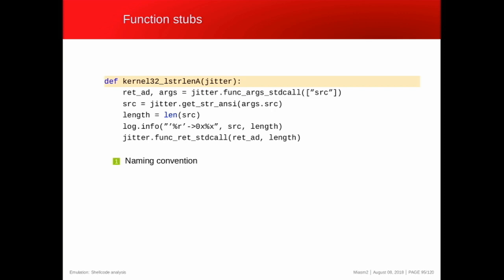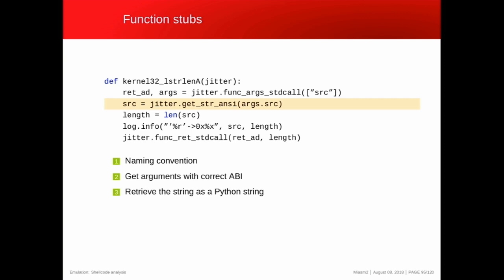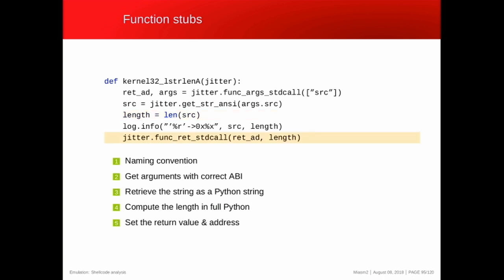For instance, if we want to stub strlen, we have a naming convention, then we can get back the arguments from the sandbox, knowing the ABI. We can get back the Python strings, compute the strlen in plain Python, and at the end set the return value and let the emulation continue.